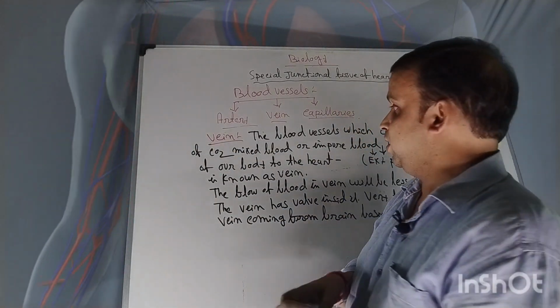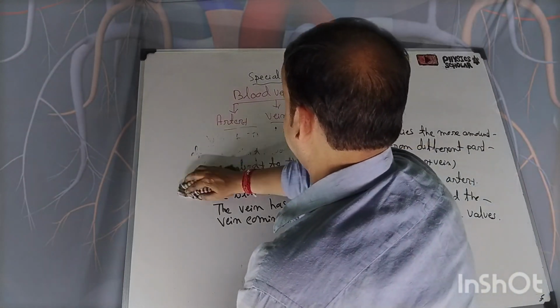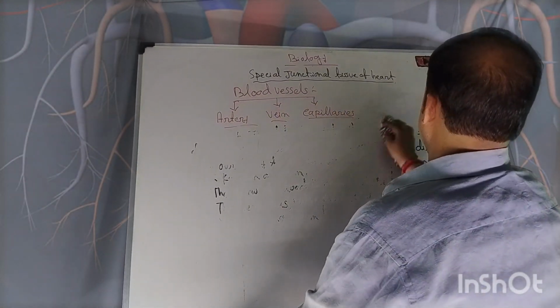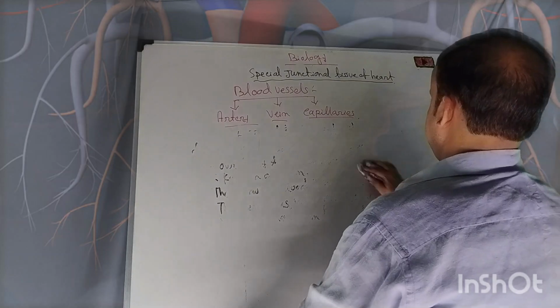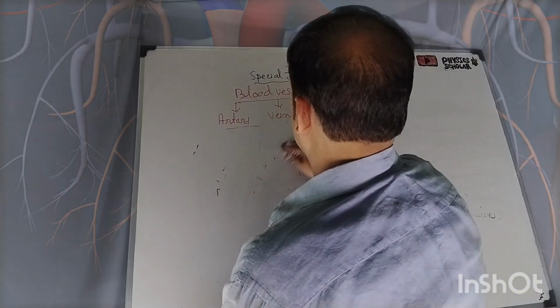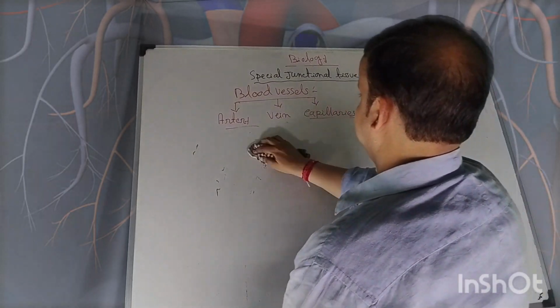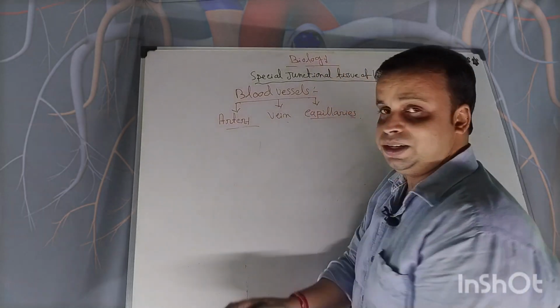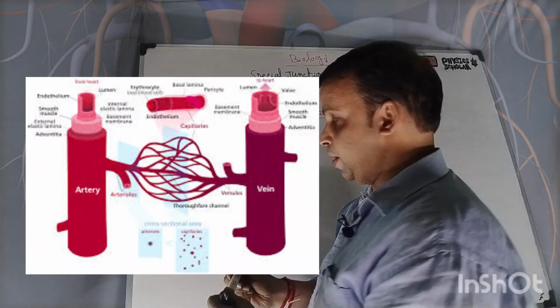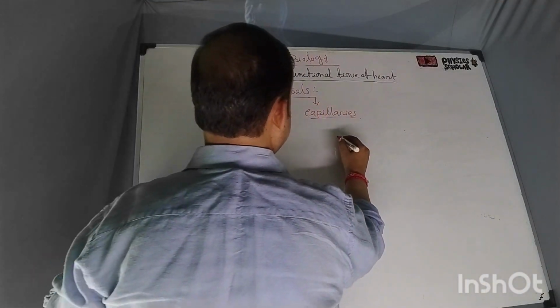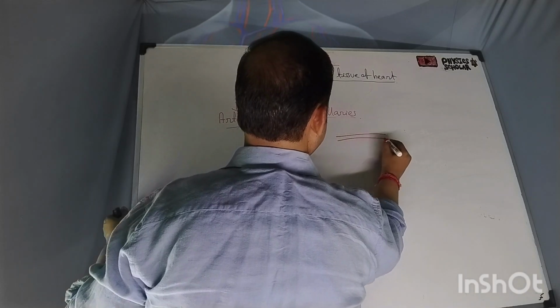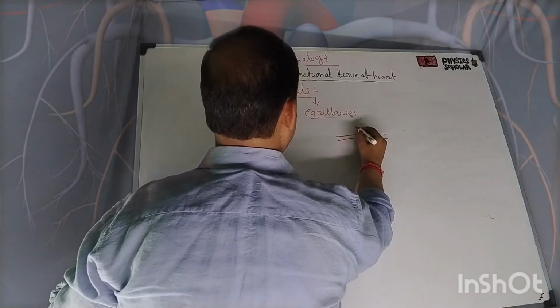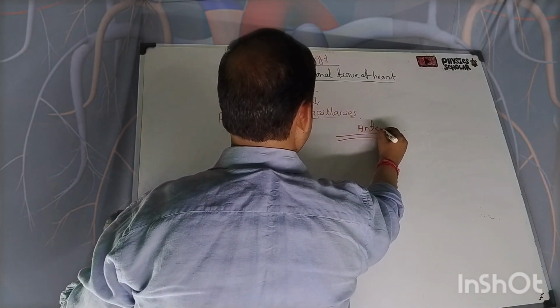So basically, I am explaining what a capillary is. Clear? You can treat it as the junction between the artery and vein. Suppose I am using two colors. Suppose this is the artery, for your understanding I am writing like this.